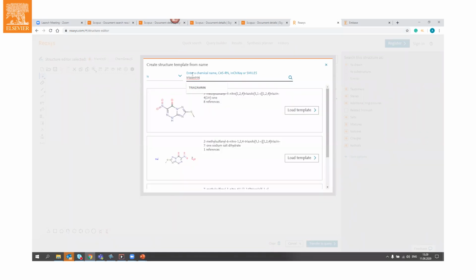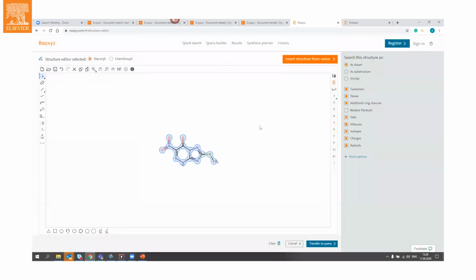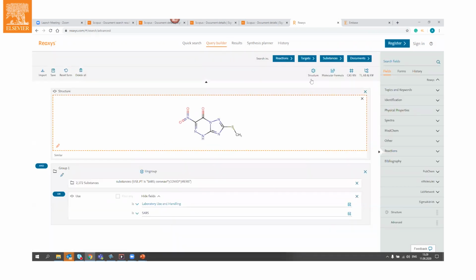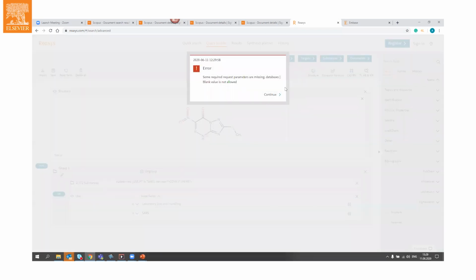Here we go. As you see, there is a difference, capital letter and small letter, and Reaxys advises several options. Let's load this molecule and let's find all substances, not just triazavirine, but also even similar to triazavirine. And click here.